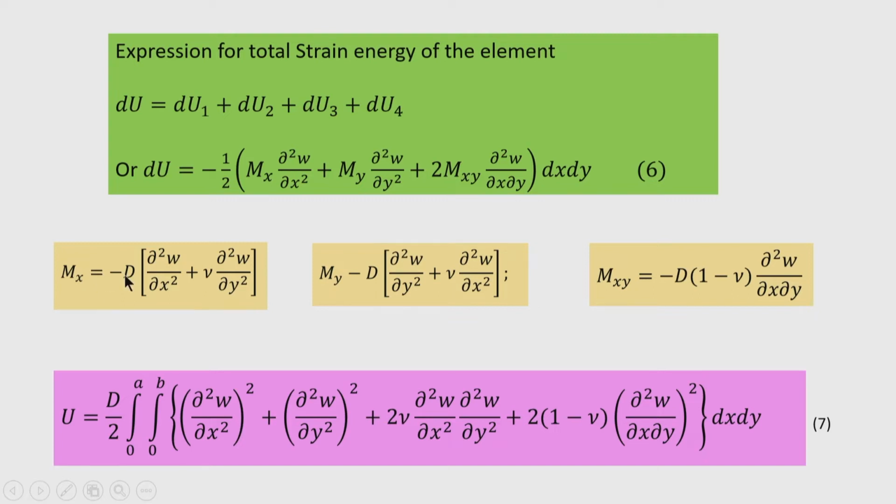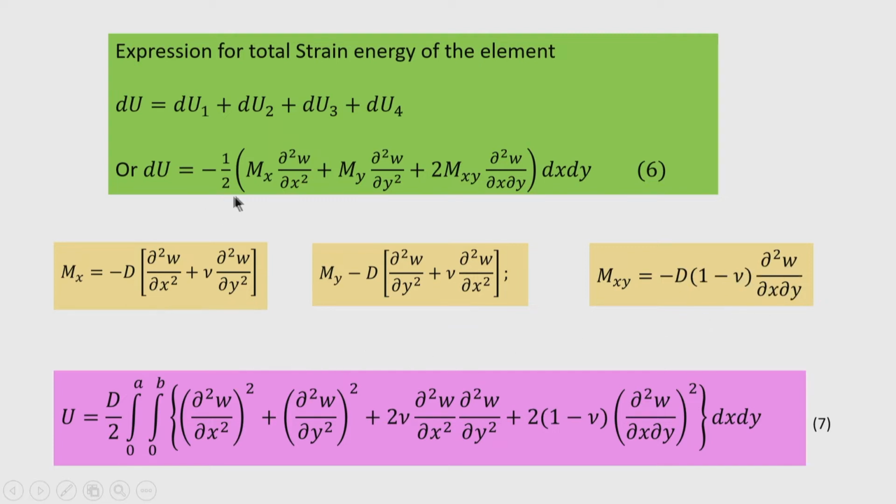Mx equals minus D bracket ∂²w/∂x² plus mu into ∂²w/∂y². This is the bending moment expression along the x direction. Then My equals minus D ∂²w/∂y² plus mu into ∂²w/∂x². Mxy equals minus D (1 minus mu) ∂²w/∂x∂y.